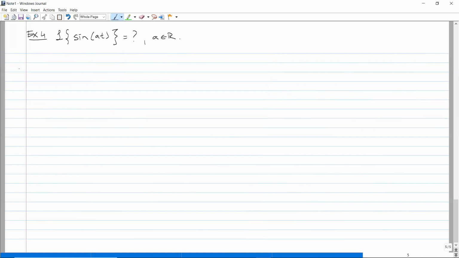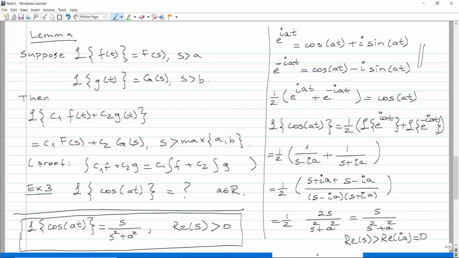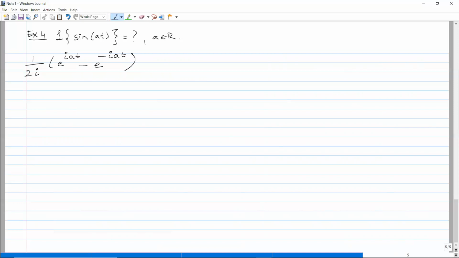Now, if you subtract, you get 2i times the sine function. So to get the sine function, we divide by 2i: one over 2i times e to the iat minus e to the minus iat is sine of at.